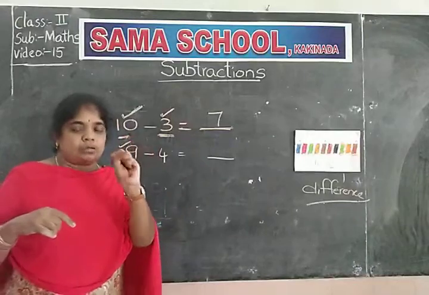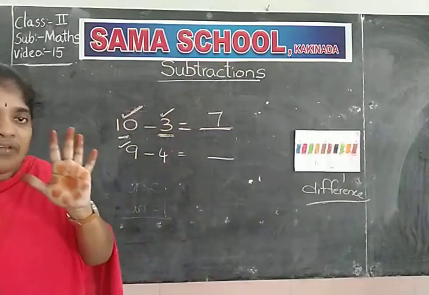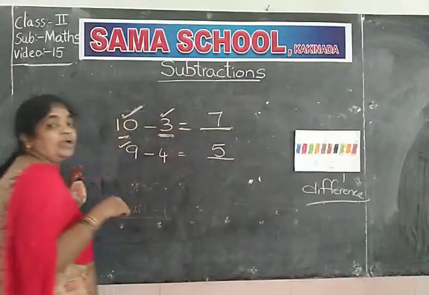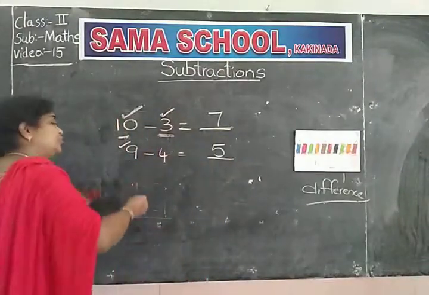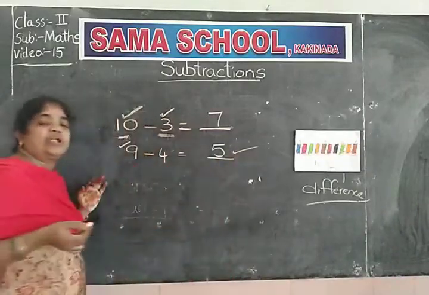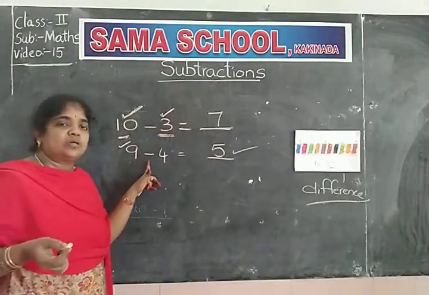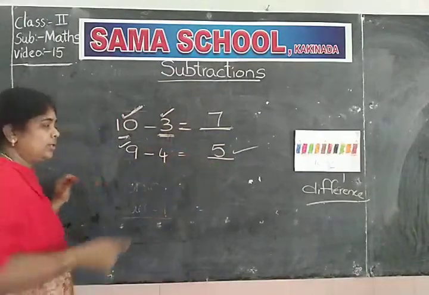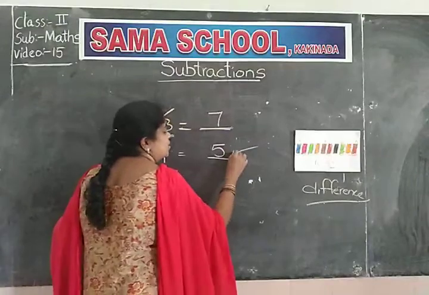No need to count, each hand has 5 fingers, that we know. The answer is 5. We can call it the difference also, the difference between 9 and 4. 9 minus 4 is equal to 5.